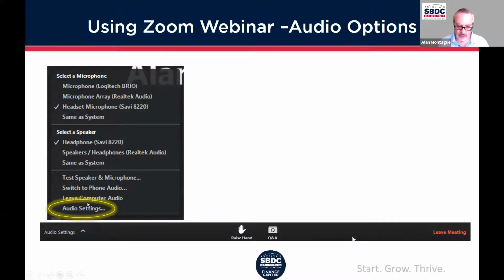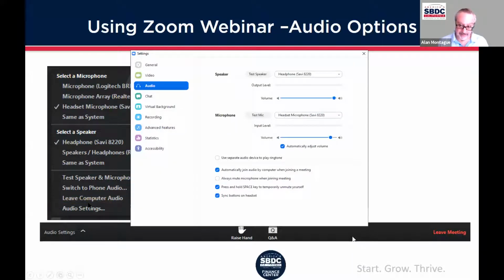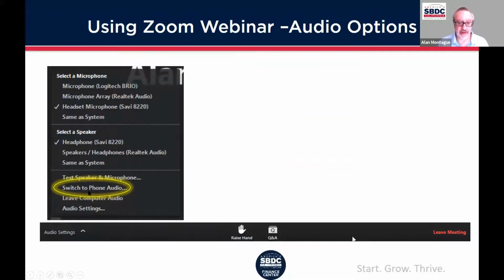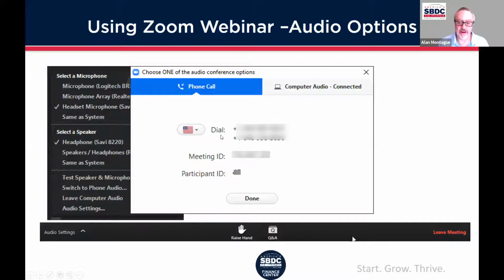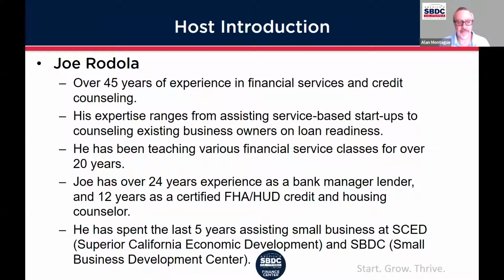You can get to all your audio settings by clicking on the audio settings button. And finally, if you're having a problem, there's this switch to phone audio that brings up the phone number for you to call, and a meeting ID and a participant ID. If you can put in your participant ID, that really is useful because it helps us identify who is in the meeting and be able to communicate back with you.